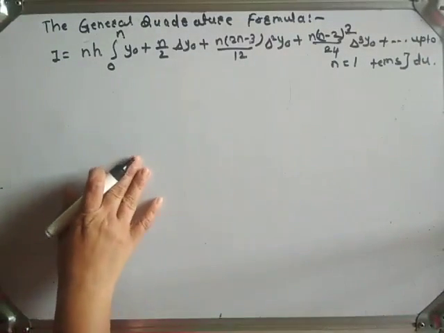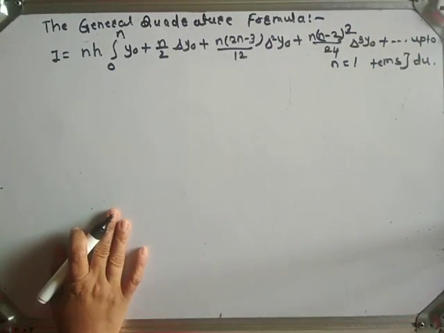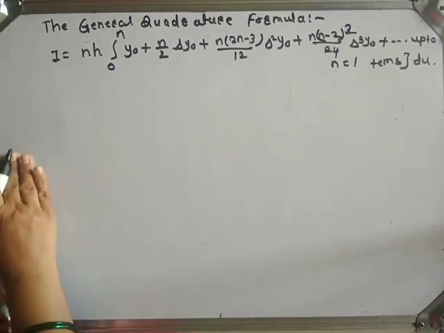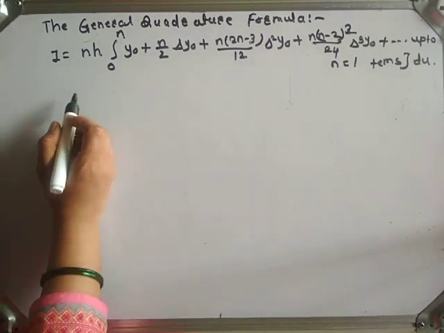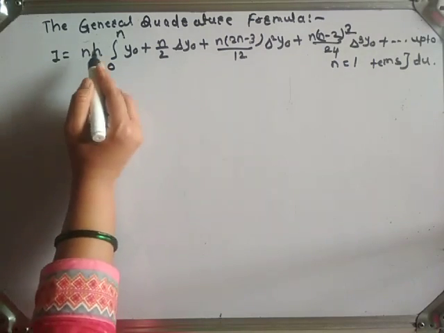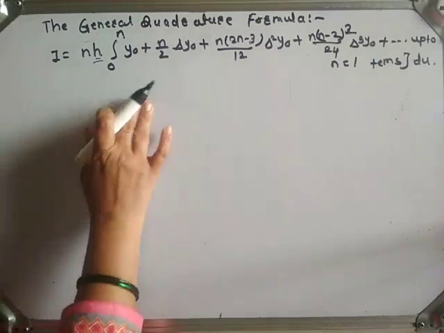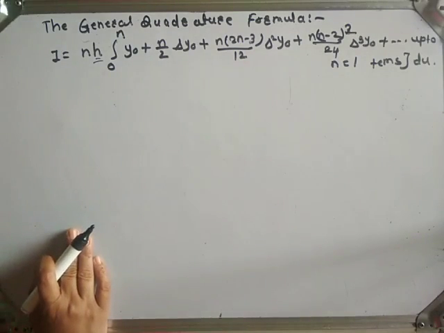This is the general quadrature formula for integration. Here h is the interval of difference and n runs from 1 to 3 and so on.